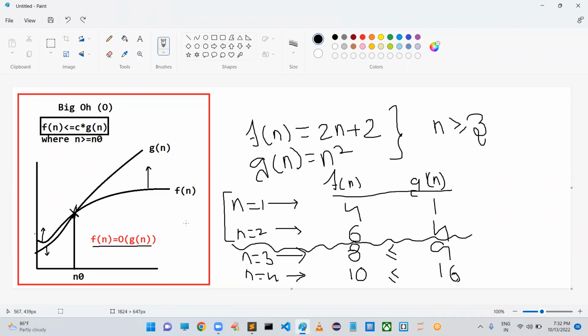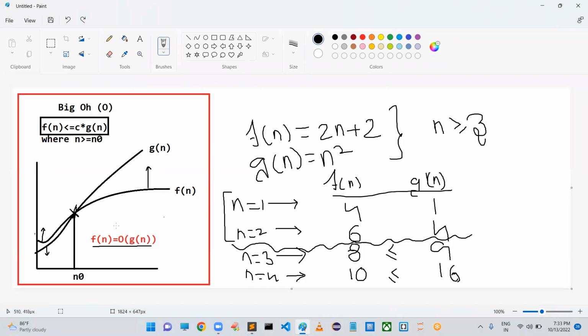If the g of n result is continuously and drastically more when compared with f of n, then we can say f of n is equal to big O of g of n. That is the theory we have. So we identify the delimiter from where it is going to increase. That point we need to observe, because from that point it will drastically change. Clear?